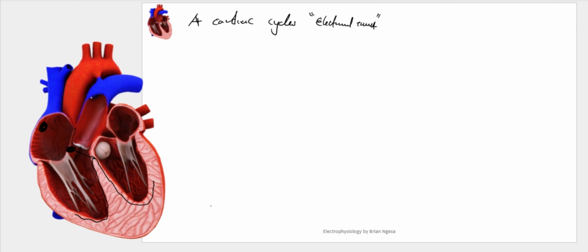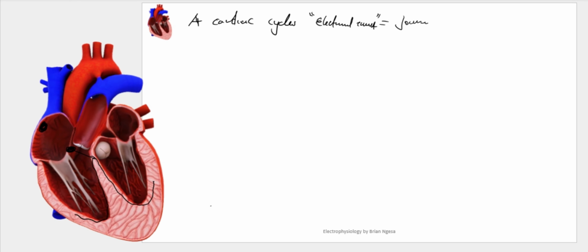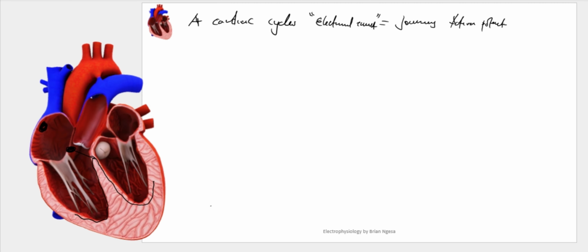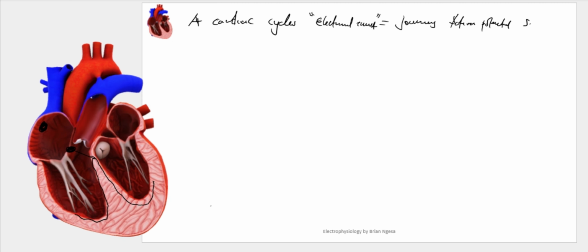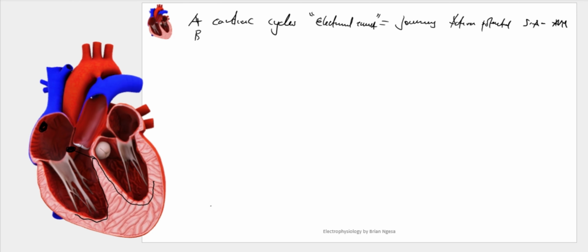And these events could also just mean the story or the journey of an action potential from the SA node, spreading to the atrium, to the atrioventricular node, spreading through the bundles, and eventually through the ventricles.